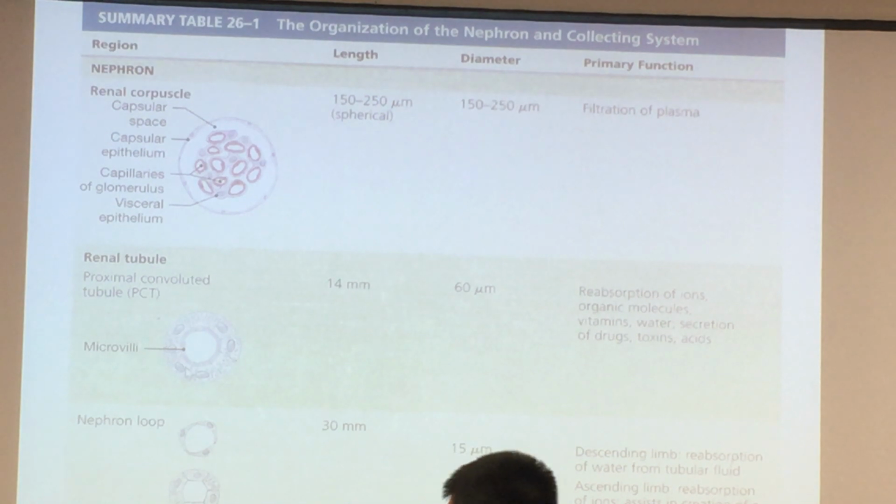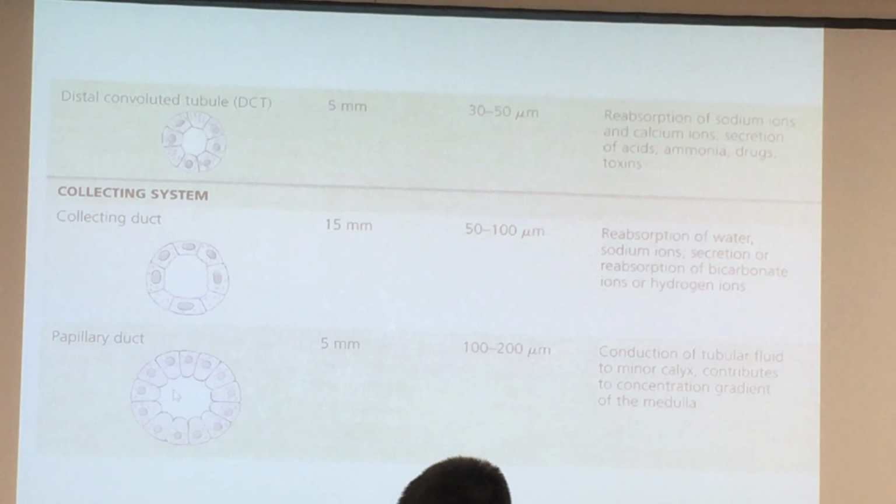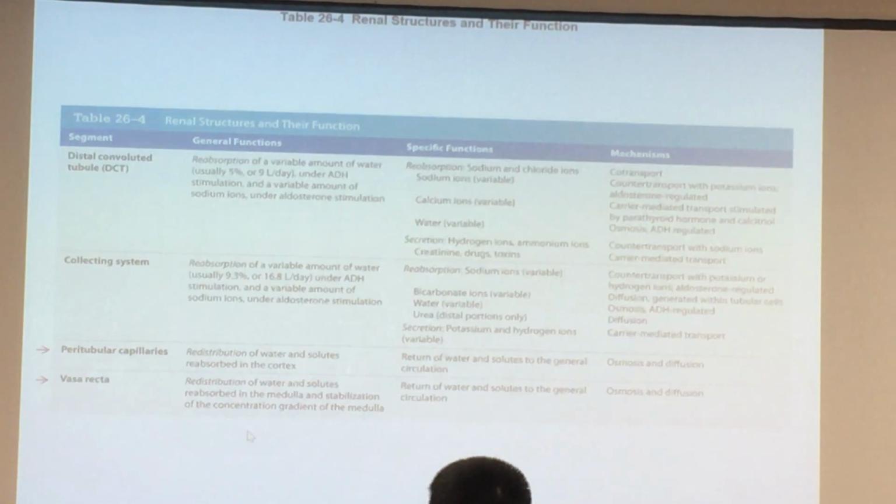The table I already mentioned, you don't need to memorize all these numbers, but just know the PCT will have microvilli. And the loop of Henle could be small cells, very thin, and the collecting duct is a bit bigger. That's a summary of all the major functions. Don't worry too much about that.